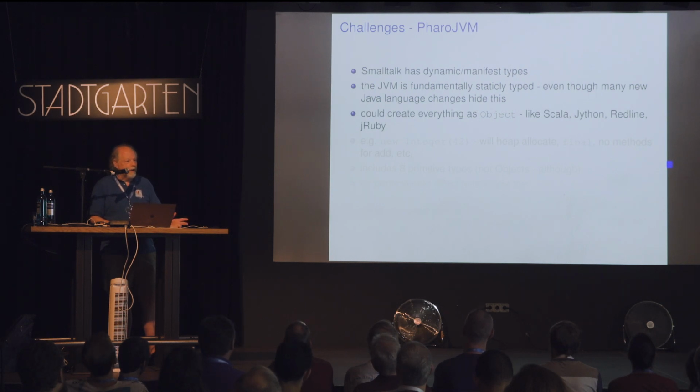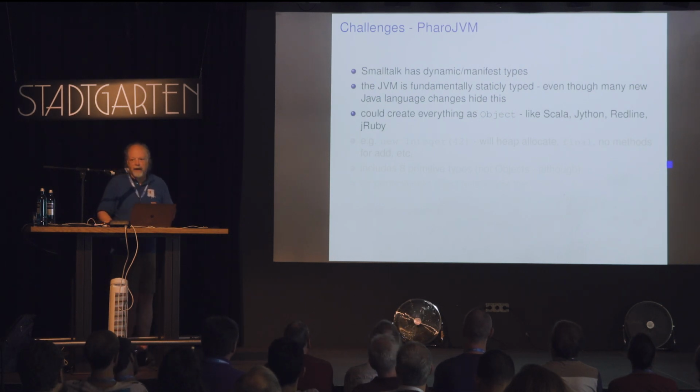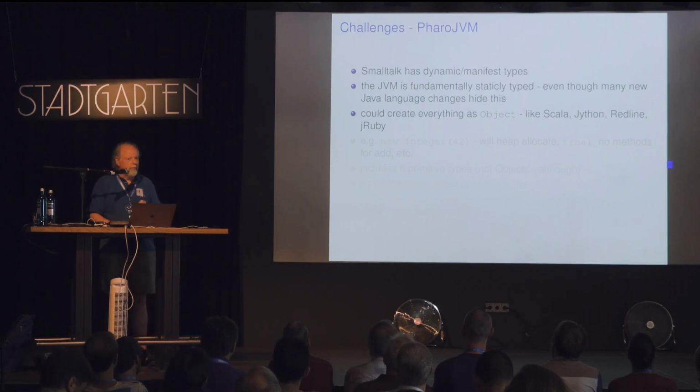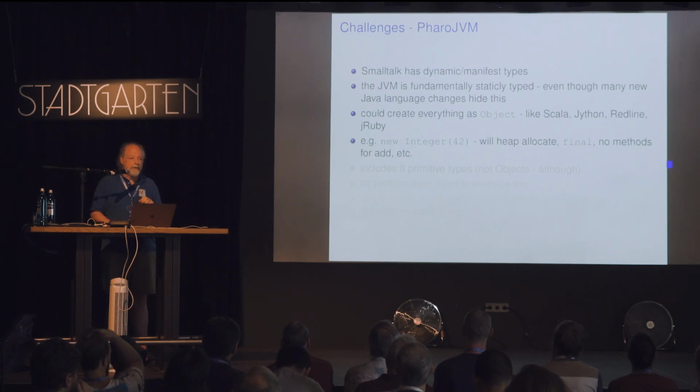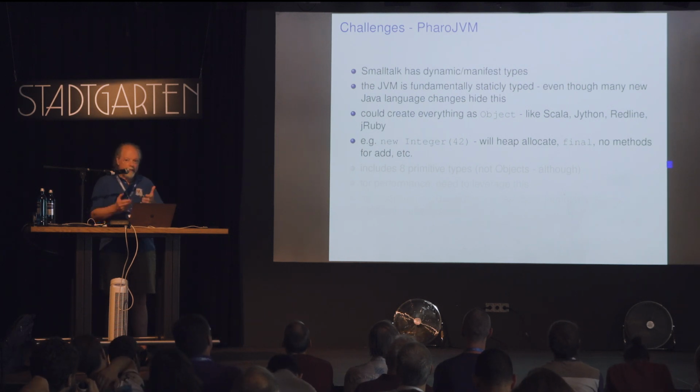You could create everything as an object or a subclass of object like Scala and Jython and some others do. But for example, if you wanted to allocate all your integers as capital I integers, that means that you have to heap allocate them, and you have to extract the values when you want to do anything with them. So this is going to have huge performance costs.